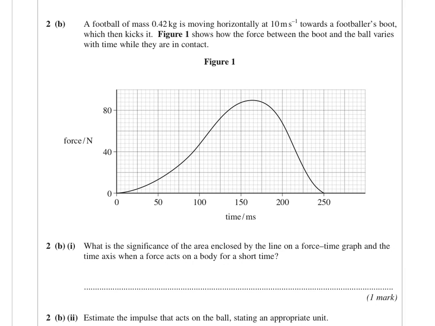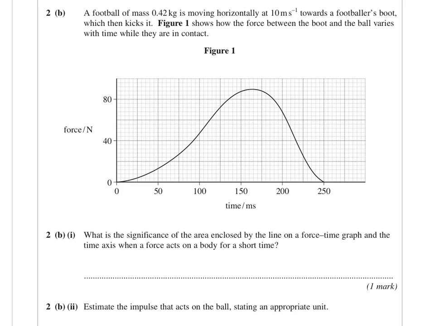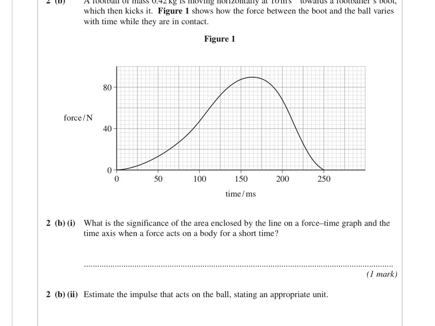It's kicked at 10 meters per second towards a footballer's boot, which then kicks it, and the graph shows how the force between the ball and the boot varies with time they are in contact. What is the significance of the area enclosed by the line on a force time graph? It is the impulse, or effectively what that means, the change in momentum.